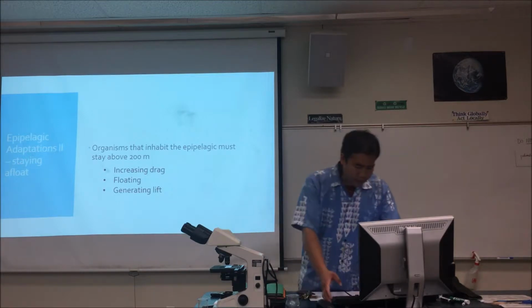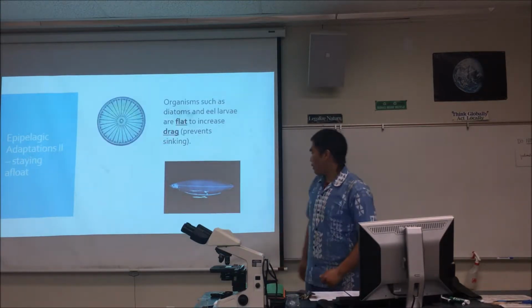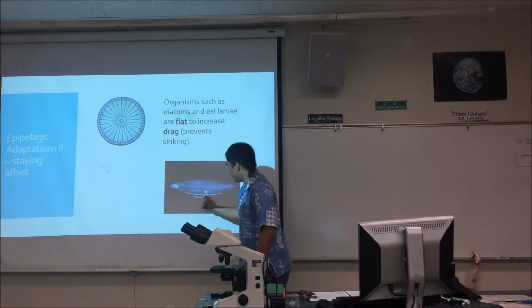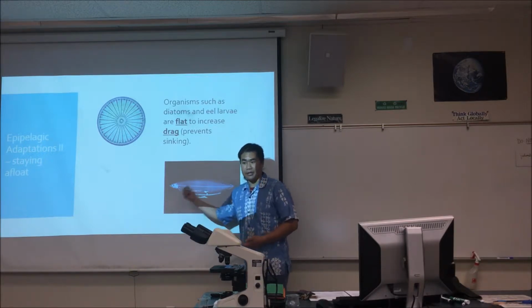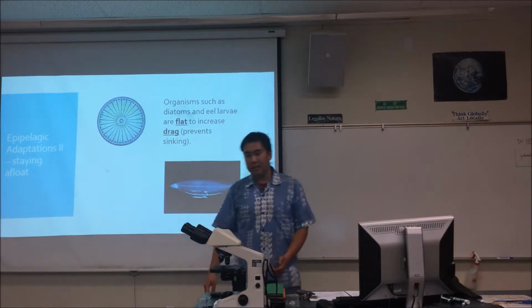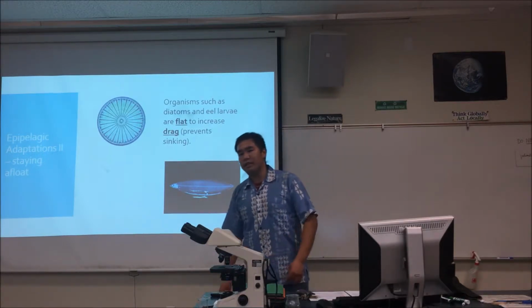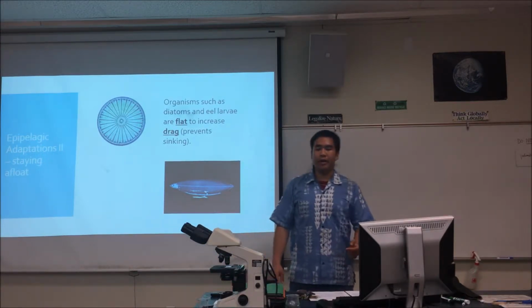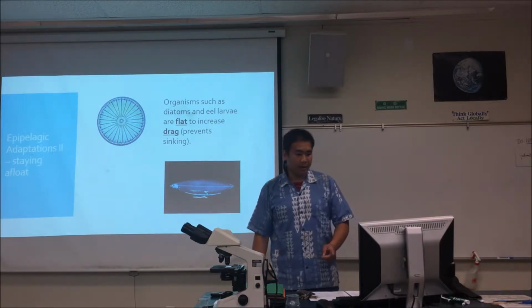So let's look at ways to increase drag. Okay, we have stuff like eel larva, this would be an 11, a fish larva. And here we have a diatom, and these guys are flat. Flat things increase surface area, and if you increase surface area, you'll increase drag. Okay?